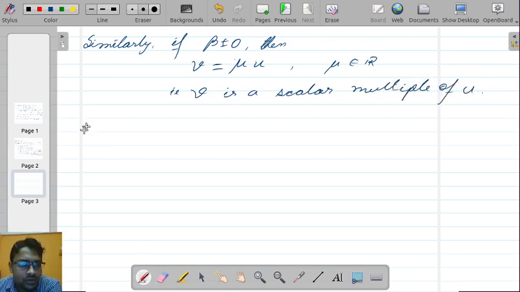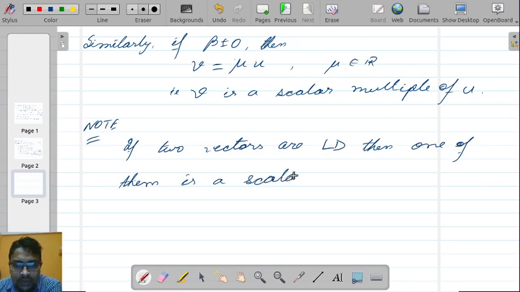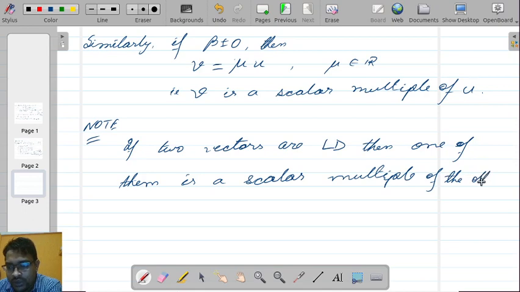So from here we can understand one fact: if two vectors are linearly dependent, then one of them is a scalar multiple of the other. Means they are related, so one vector can be obtained from the other just by multiplying with a scalar.